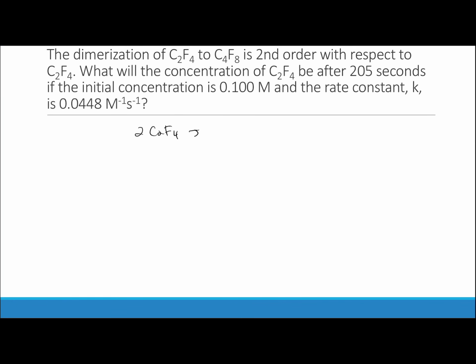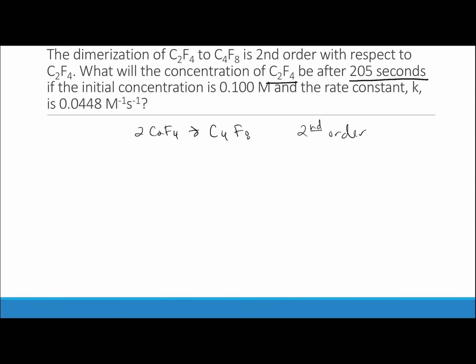This is second order with respect to C2F4. If we want to know what our C2F4 concentration is after 205 seconds, using our initial concentration and our rate constant, let's use that information to solve for that. And let's solve for our T1/2 as well.